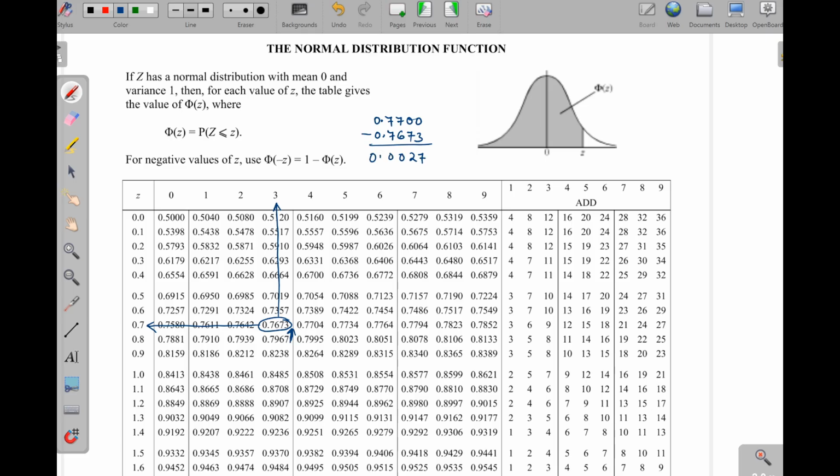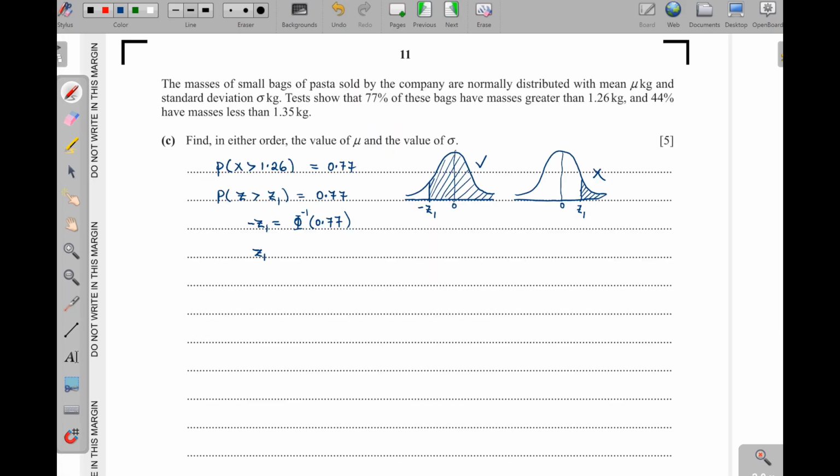Okay. Now we go this side and we look for 27, which is here. Do you see it? Then you pick this other value here. So now that means our z value is going to be 0.7. You see this 7, then there is a 3 here, and then there is a 9 here. 7, 3, 9. Are we there? So z1 here is going to be negative 0.739.